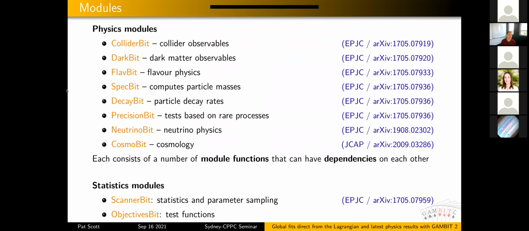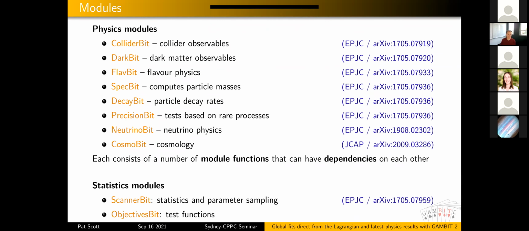So it's broken down into different modules that, for the most part, are arranged around the different physics themes. So there's a collider physics module called ColliderBit. DarkBit takes care of dark matter things. FlavBit does flavor physics. SpecBit basically takes care of spectrum generation.